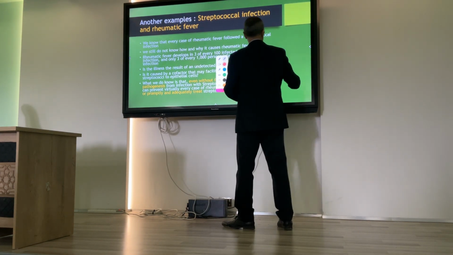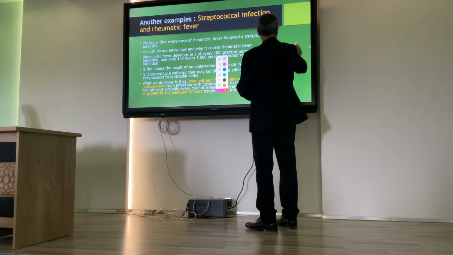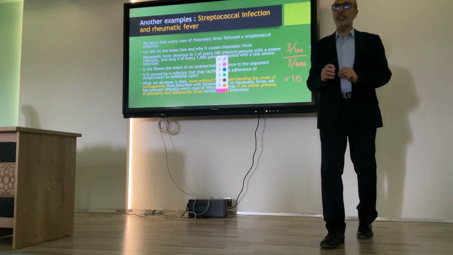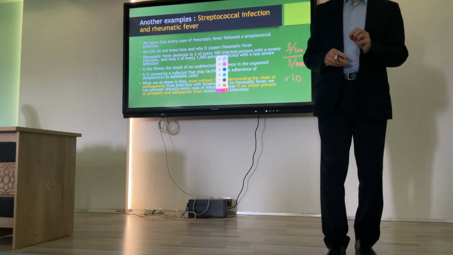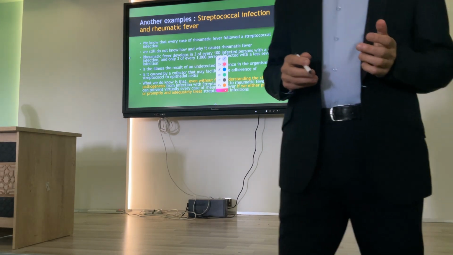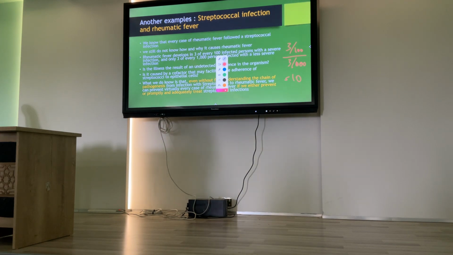the disease. 3 in 100 divided by 3 in 1000 equals 10 times. People with severe pharyngitis had a 10 times higher risk of getting rheumatic fever. And at that period of time, penicillin was discovered from the penicillium fungi.